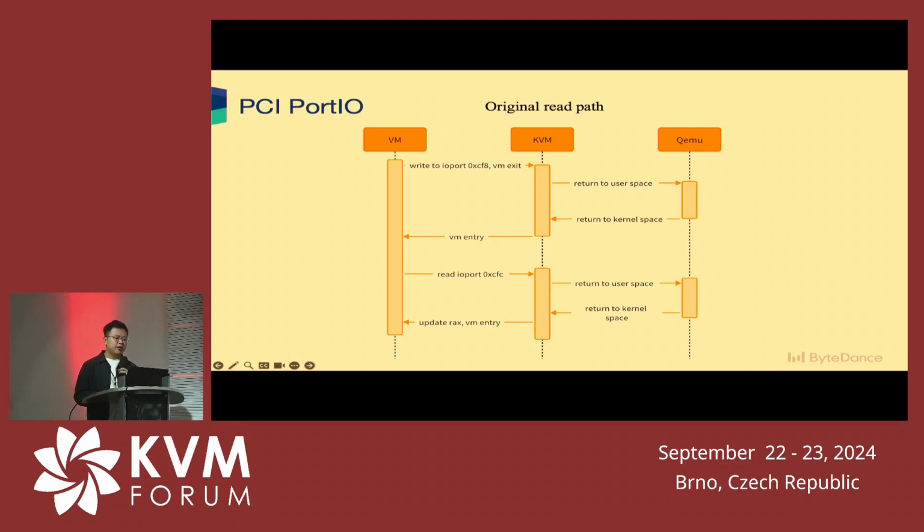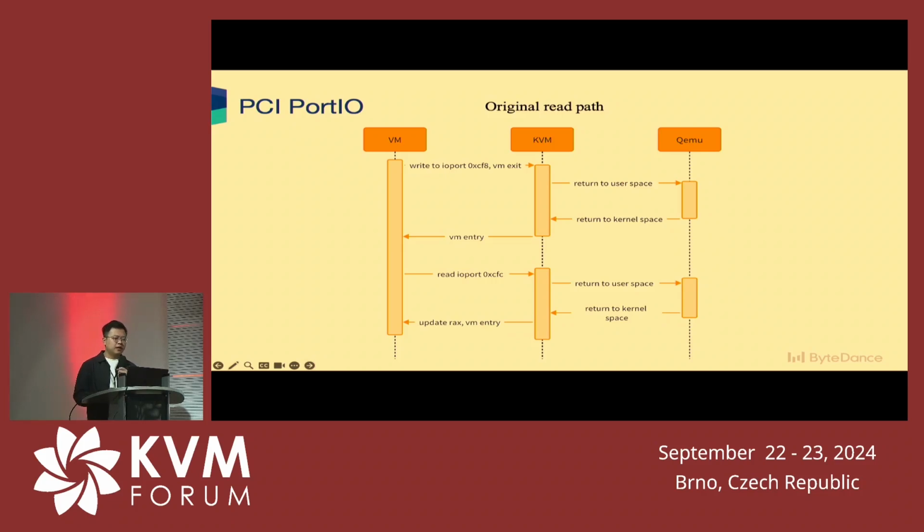KVM captures the IO port write and then determines that it needs to be handled by QEMU. So the vCPU thread returns to QEMU user space. And QEMU writes the data to the emulated host bridge's config register, then returns to kernel space. After that, KVM performs VM entry, and the IO port write is finished. In the second step, we read the IO port CFC, also causing a VMEXIT.